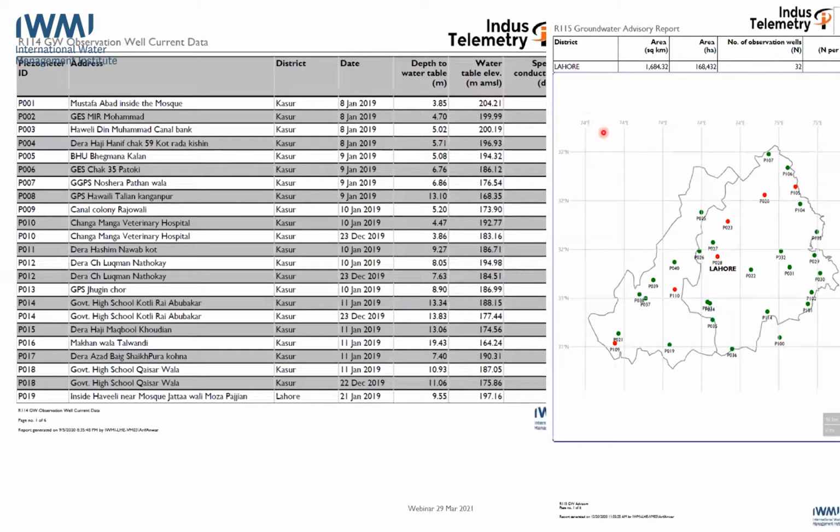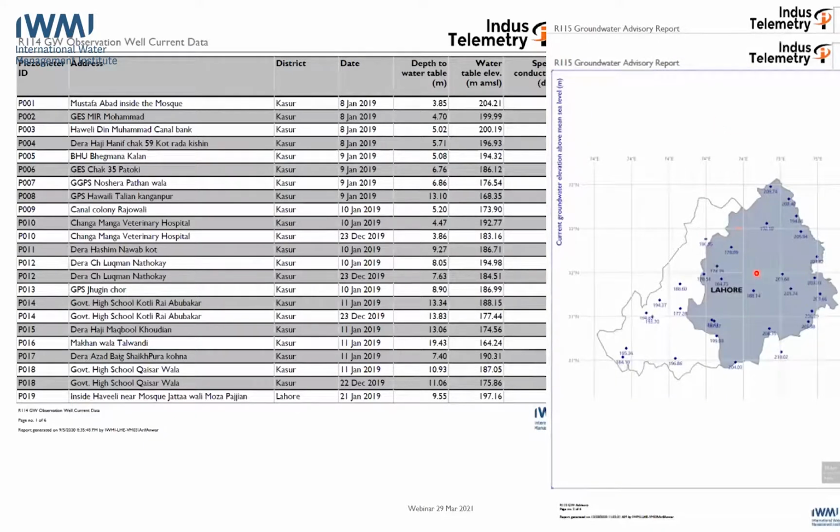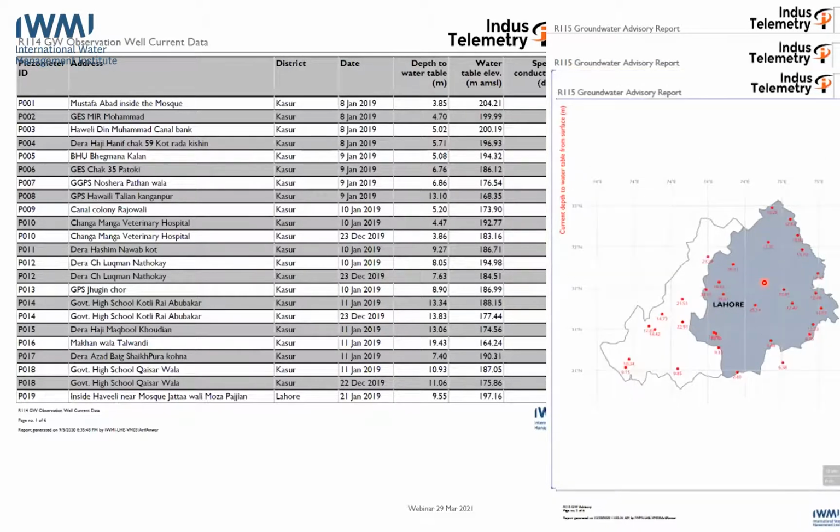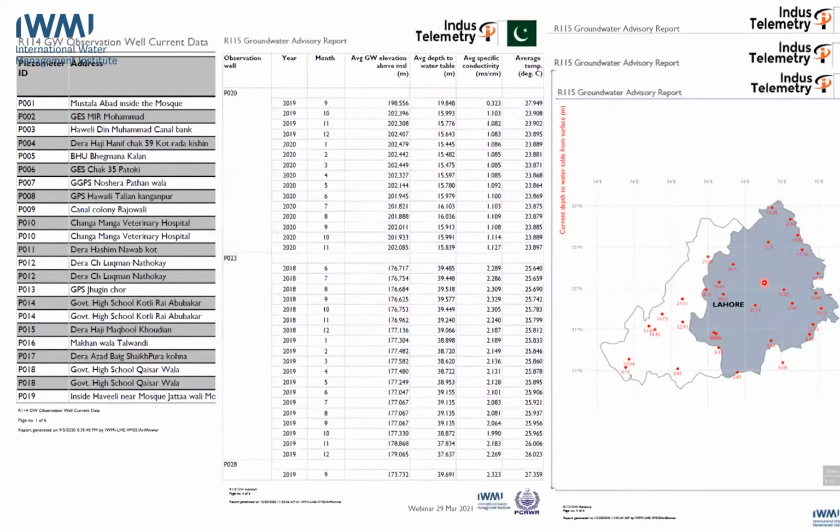We also give advisory reports. For example, this advisory report covers the Lahore district, where we have 32 observation wells, and it gives the well density and the groundwater elevation in the 32 observation wells in Lahore. It also gives the current depth to water table.